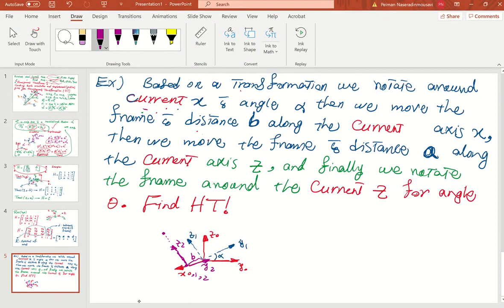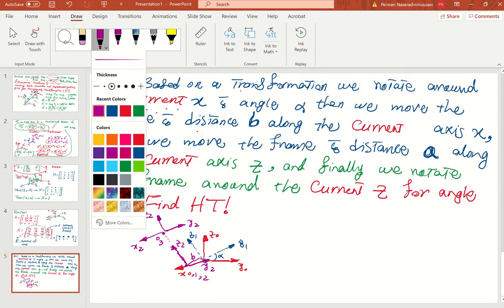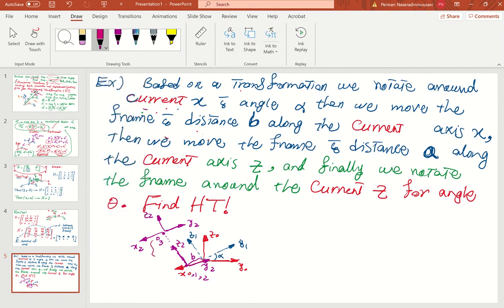So this is gonna be O3. x2, y2, and z2. We are moving. So this distance is A, between their origins.